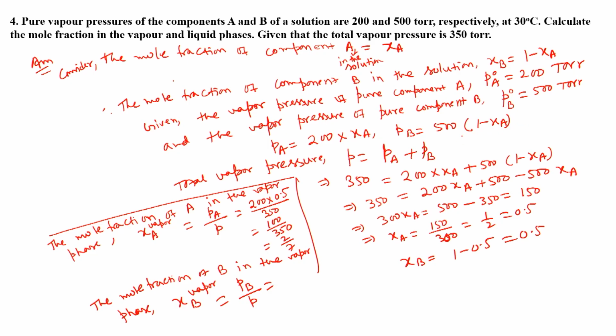So, it is again 500 times XB, which is 0.5, by P, P is 350. So, you get 250 by 350. So, you get 5 by 7. Okay.